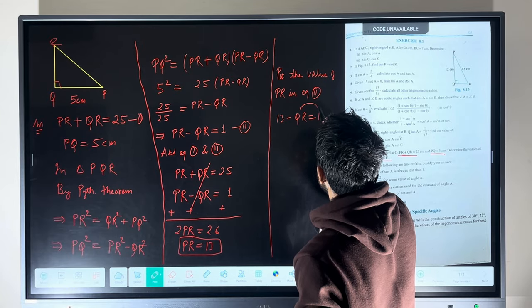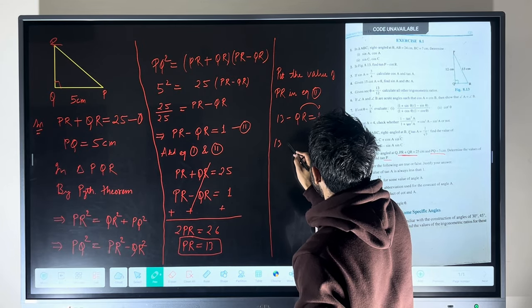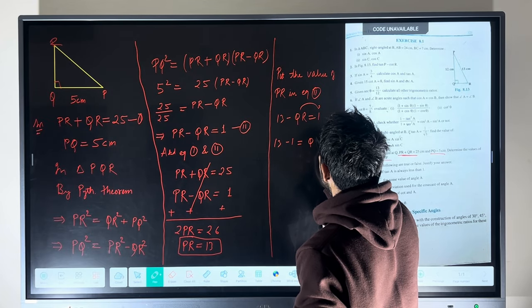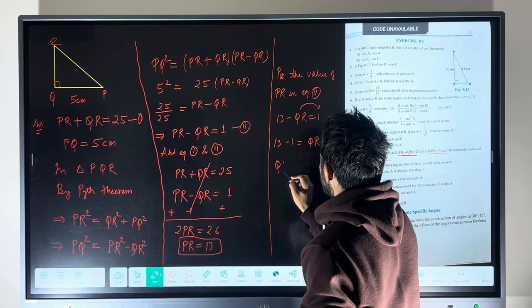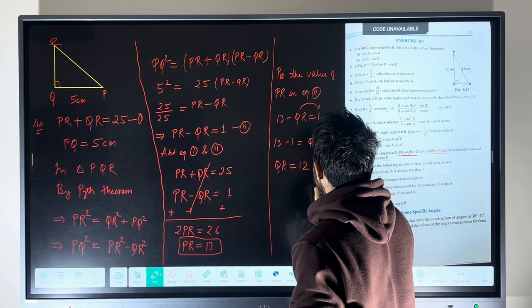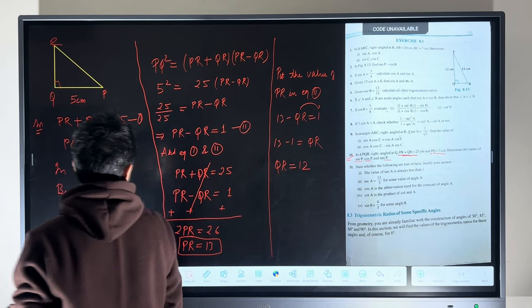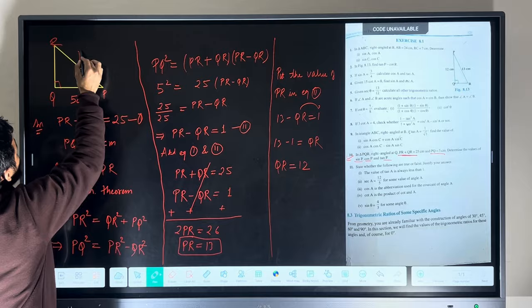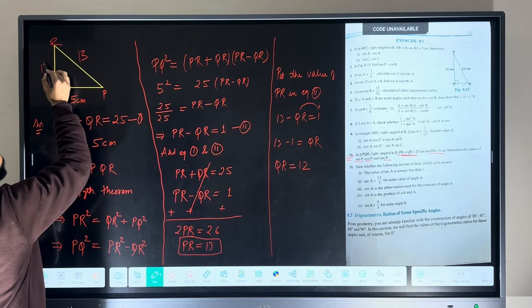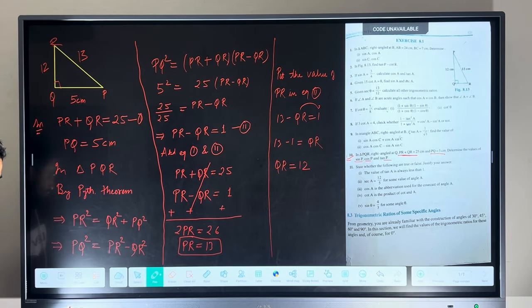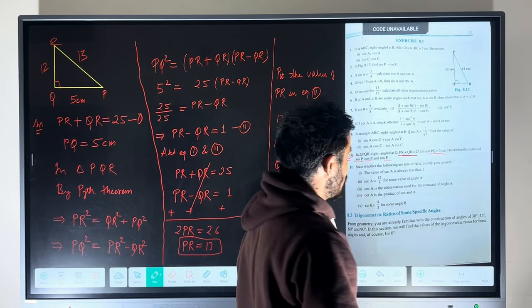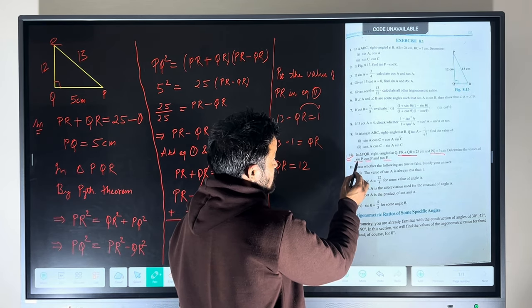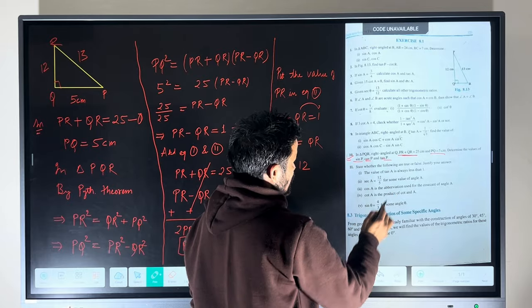If we shift QR here, 13 minus 1 is equal to QR, so QR is equal to 12. Now we have PR equal to 13 and QR equal to 12, and PQ is 5. So now we have all three sides, and we can easily find sin P, cos P and tan P.